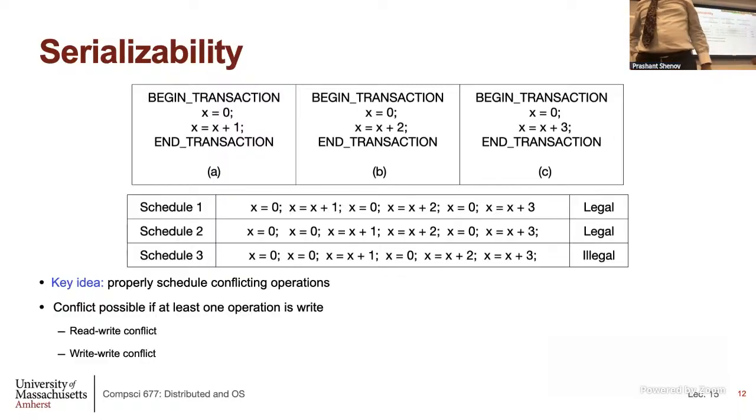Or you can assume the opposite, saying C ran first in a sequential order, then B ran, and then A ran. In this case, X will end up being 1, and you will say that's acceptable because that's a sequential execution of those 3 transactions. So you can pick any sequential execution: ABC, ACB, BAC, and whatever you end up with is acceptable.